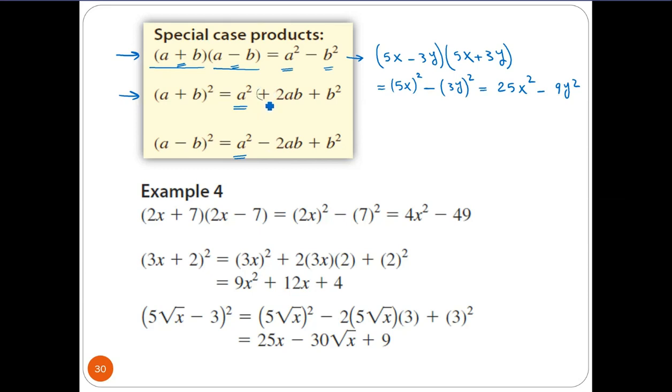Look at this, this is the only difference between addition and subtraction. Okay, and 2, this is in the law: 2 multiply the first multiply the second, meaning 2ab plus b squared.